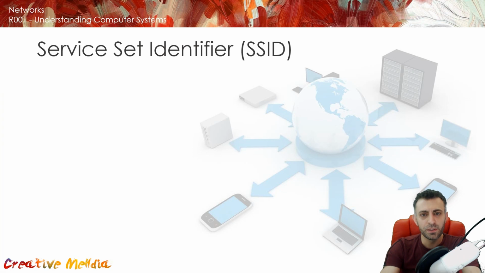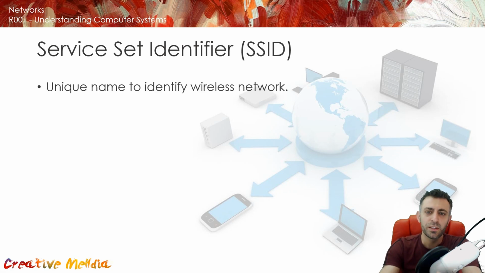So in terms of network security, we need to understand a few elements of how to set up your network security. The first one is your service set identifier, which is a unique name that you give to any wireless network.